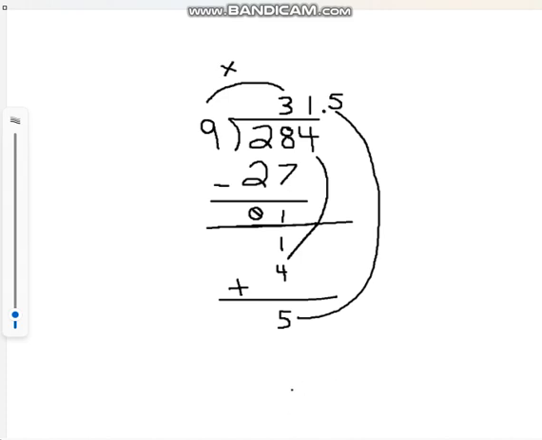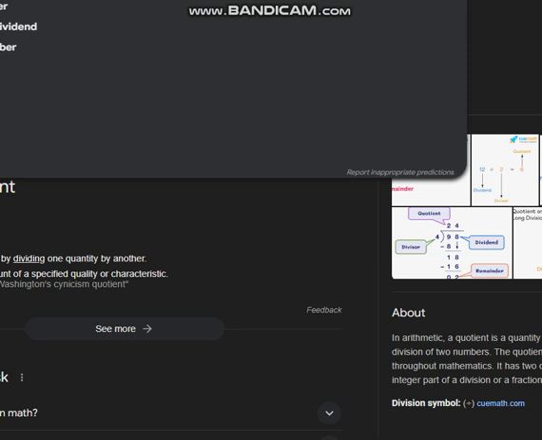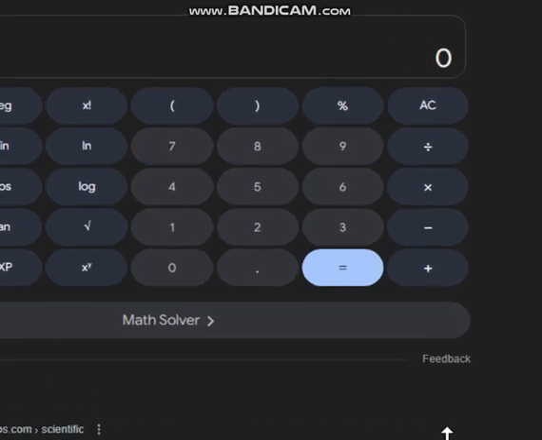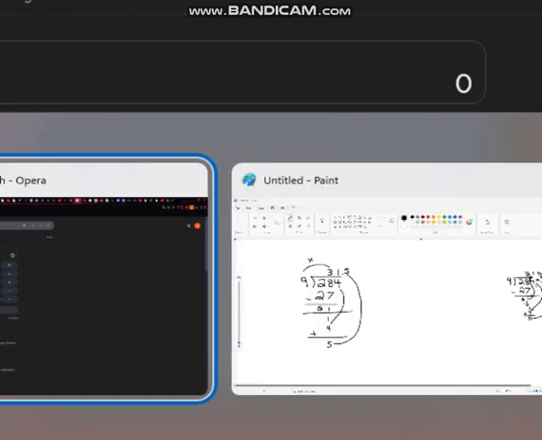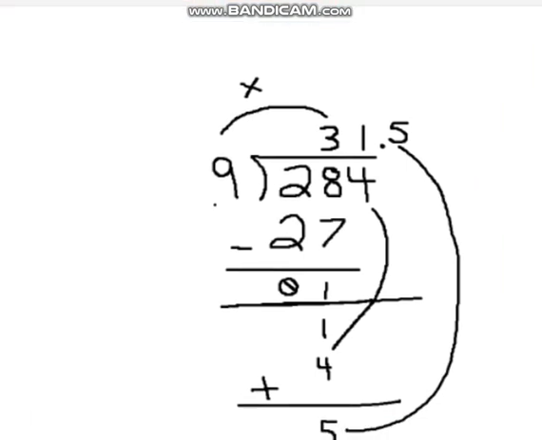Now real quick, if I open up Google and I go to calculator, I'll go ahead and run this problem through there. So we have 284 divided by 9.